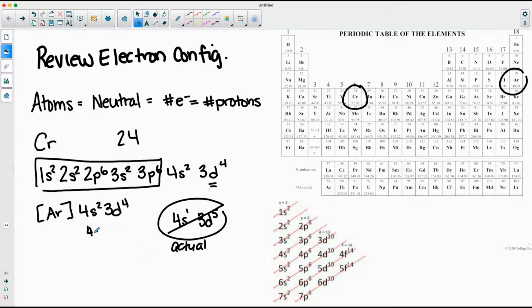It would actually be 4s1, 3d5, okay? But again, for AP, you don't have to remember that. But basically what that means is that there is one valence electron in a half-filled 3d instead of two valence electrons and 4 electrons in the 3d.